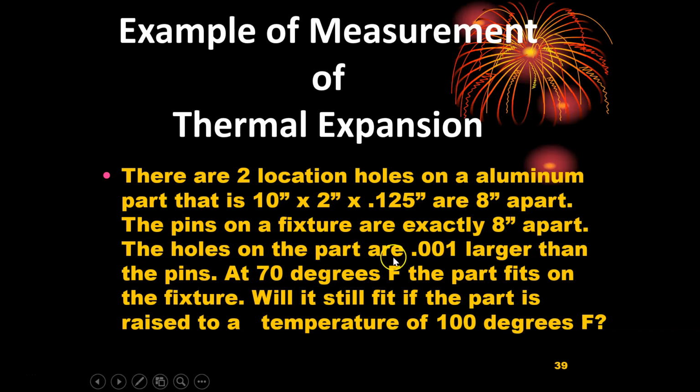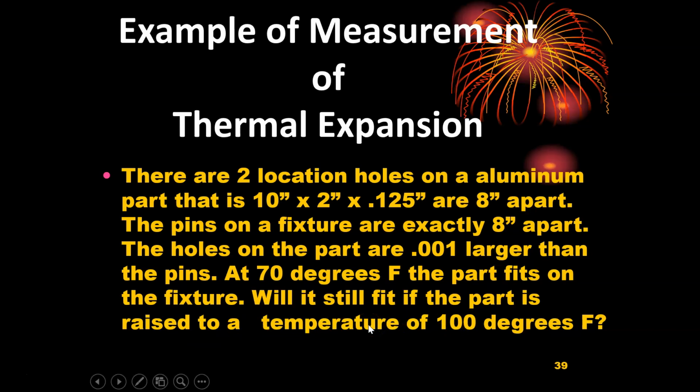Okay, so that means we have 1/1000th on each pin that we could move over and it would still fit. Okay? So at 70 degrees, the part fits on the fixture. Will it still fit if the part is raised to a temperature of 100 degrees?